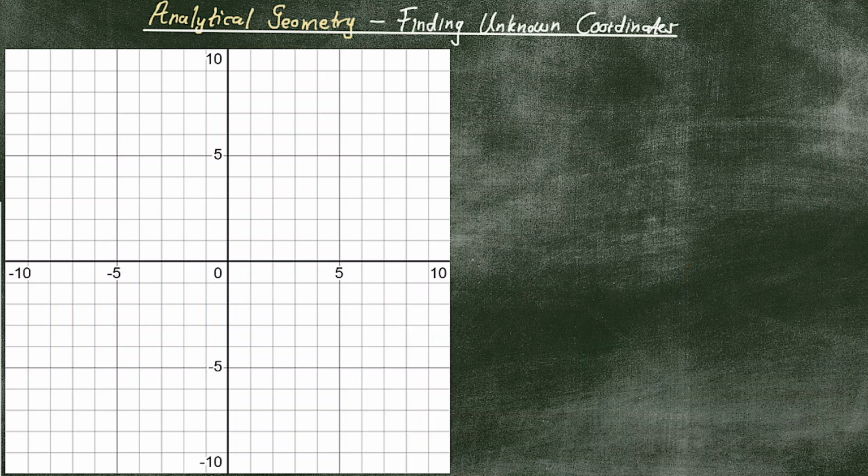So now I just want to show you how to calculate an unknown coordinate, right? There are going to be 3 scenarios that you can use to calculate an unknown coordinate.